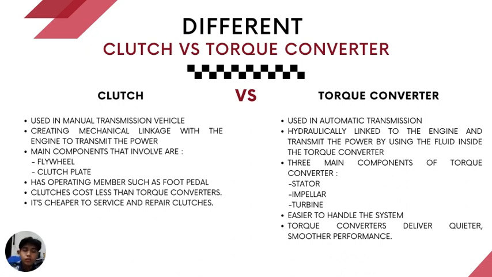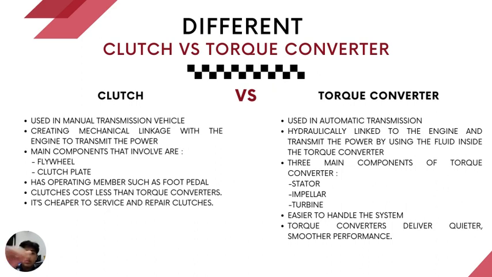Next, there is also a difference in the main component involved during the power transmission process. For the clutch, the main component involved during power transmission is the clutch plate. As I said just now, the clutch is usually used in manual transmission vehicles, so there is an operating member for the engine to transmit the power, which is the clutch or foot pedal.